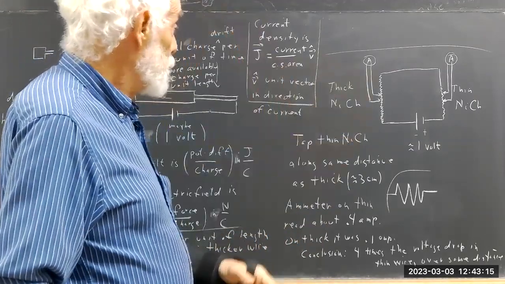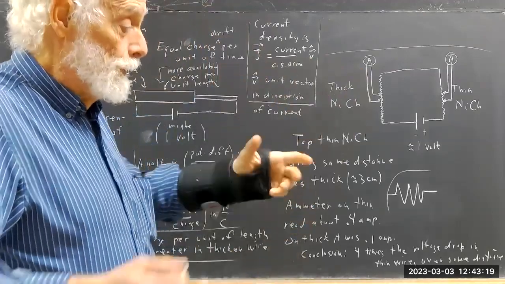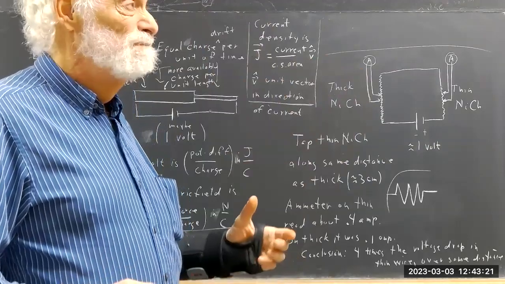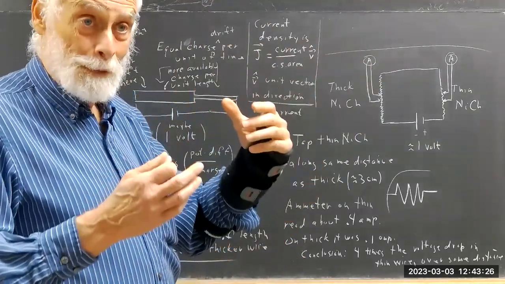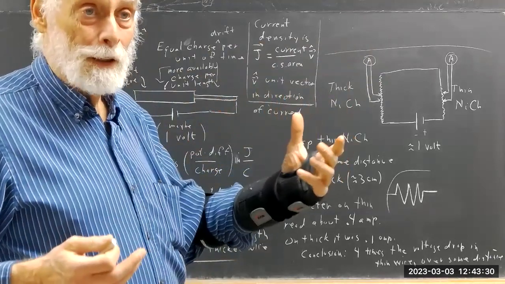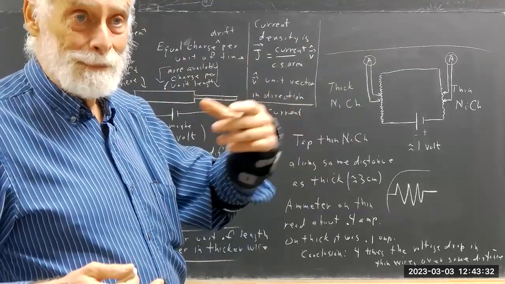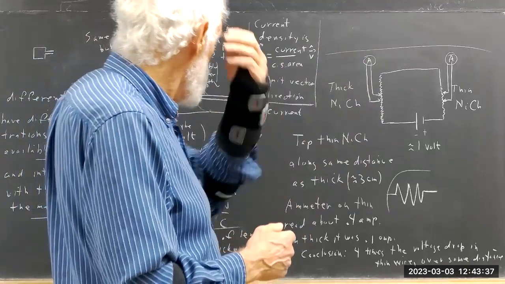So we all start drifting. Well, that's what drives the current density. If I just consider the electrons in a small section of the wire around me, I know how many electrons there are, then I know how much current is going to be. It's not quite exactly accurate, but it gets the idea.